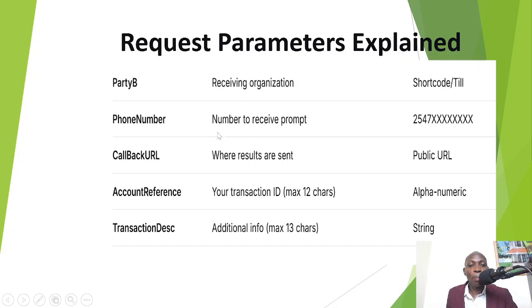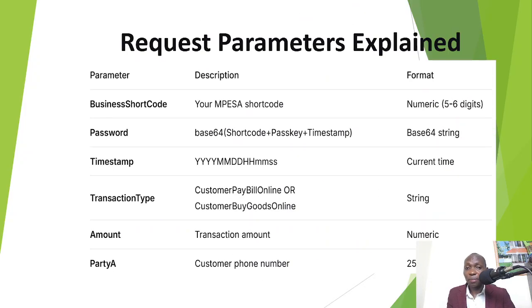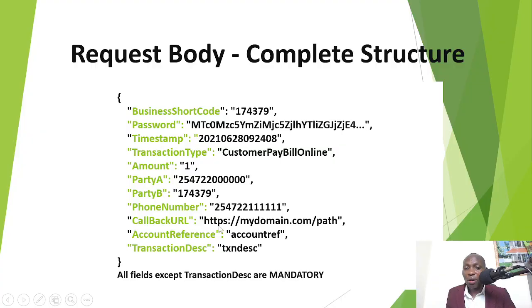You also have phone number to receive the prompt. This is the number to receive the prompt. It can be the same as the customer number. This is the callback URL where the results are sent. Account reference is your transaction ID, and note that this account reference is validated to have a maximum of 12 characters, and the transaction description a maximum of 13 characters.